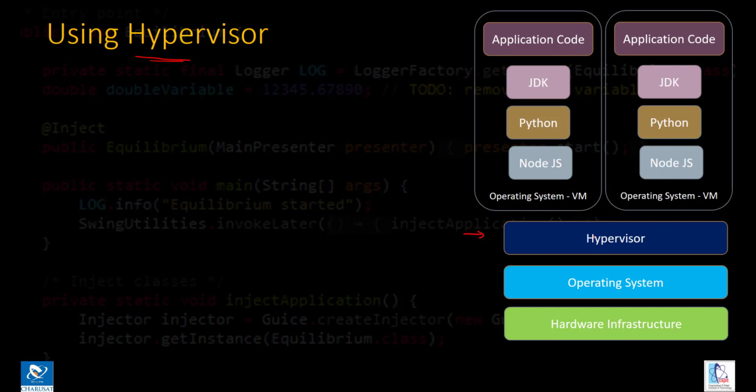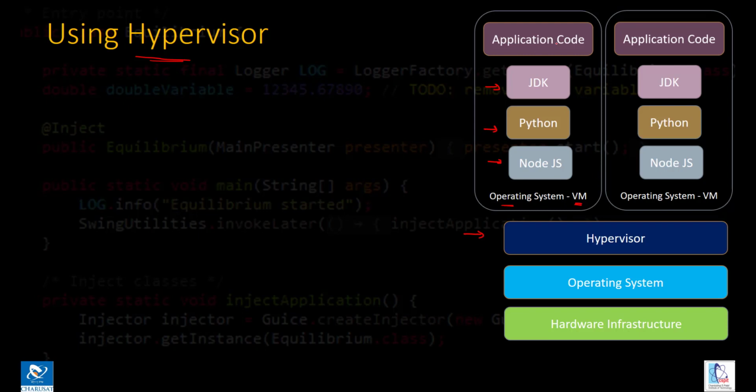This hypervisor can host multiple virtual machines. A single virtual machine is treated as one computer, so it has its own operating system, and above that you have the required software like Node.js, Python, JDK, and above that your application code.